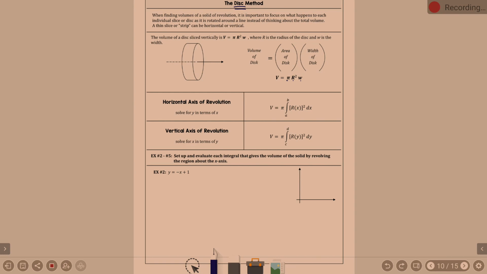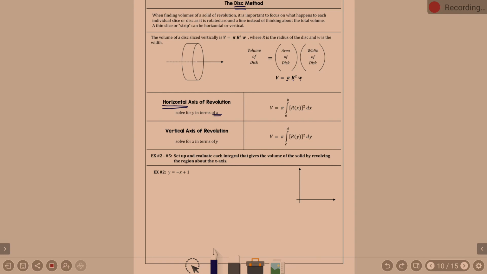Horizontal axis of revolution, aka rotating around the x-axis. When you're rotating around the x-axis or any horizontal axis, you're going to be working in terms of x. Thus, you'll notice this one is the integral from a to b of r of x squared dx, so that's the radius squared.